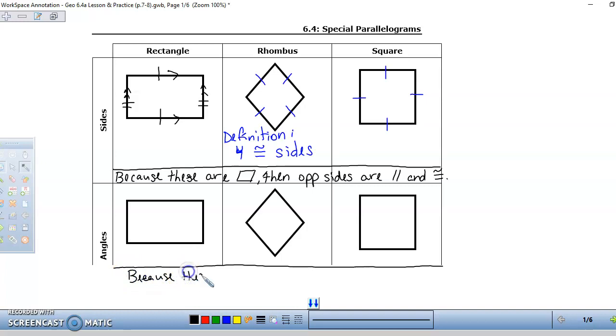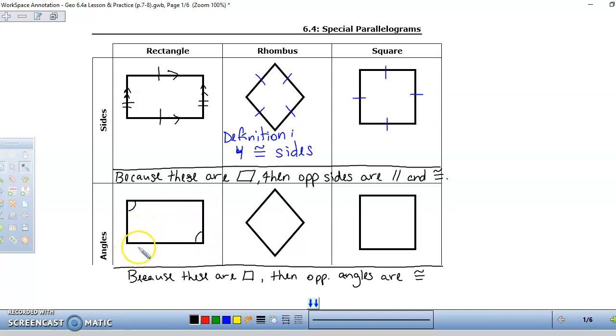So because these are parallelograms, then opposite angles are congruent. Okay, so I would know that, and don't write this yet, but I would know this angle is congruent to that angle, and these are also opposite congruent angles.